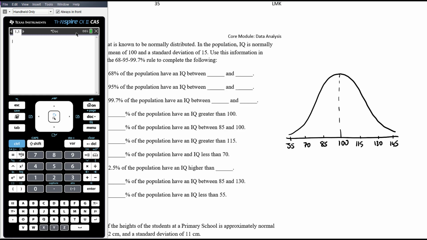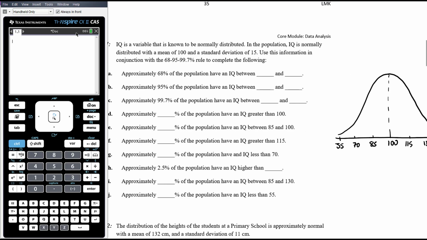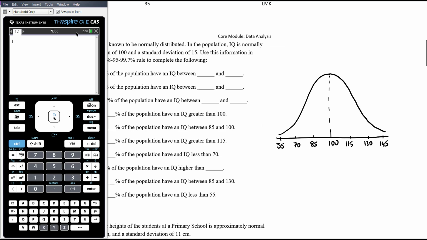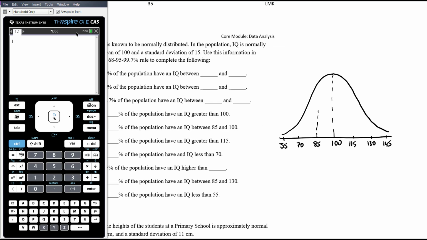Okay, so this is 1 standard deviation above the mean. This is 2 standard deviations below the mean. This is 3 standard deviations above the mean. So going back to the questions, we know that approximately 68% of the population have an IQ within 1 standard deviation of the mean. Now, I haven't drawn myself a perfectly symmetric bell curve here.